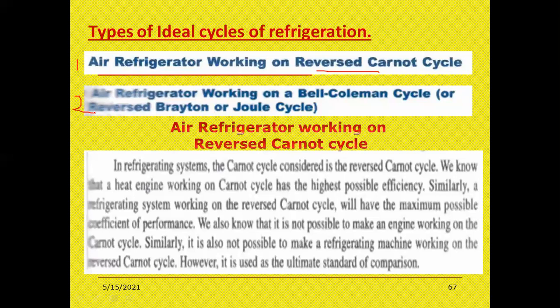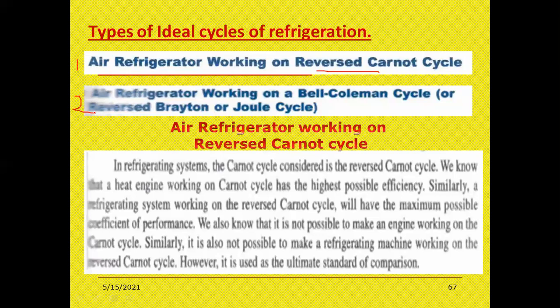We also know that it's not possible to make a practical engine working on the Carnot cycle. Similarly, it's also not possible to make a refrigerating machine working on the reversed Carnot cycle.